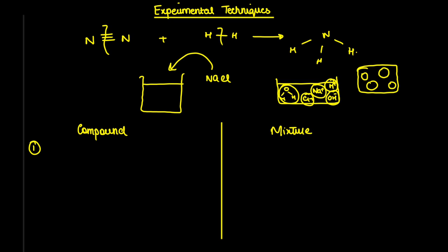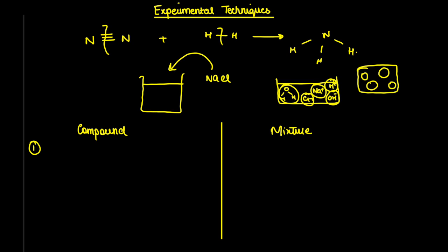Now some students have this confusion that the ammonia molecule has two types of atoms. But when these atoms are combined to form one molecule, we say that one molecule is one particle, because it contains the characteristics of ammonia.